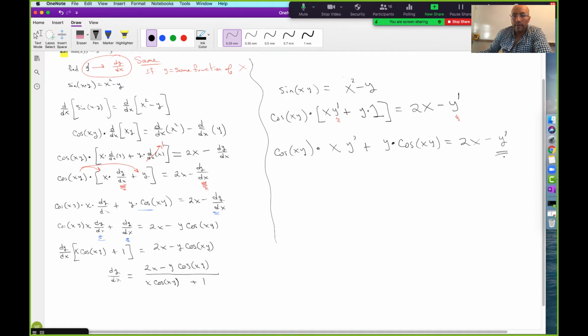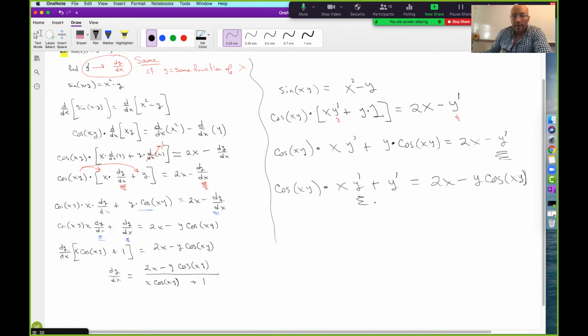And then moving this term to the left, we end up with cosine xy times x times y prime plus y prime equals 2x minus y cosine of xy.